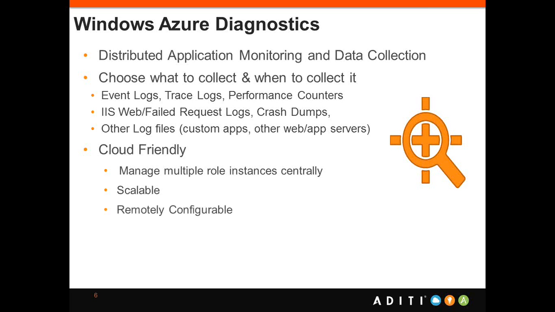A very interesting point: it is remotely configurable, because this is a whole dynamic environment where we don't have access to the machines, as we have seen in how we deploy applications to Windows Azure. So it should be remotely configurable. Take an example. Say you're just logging errors initially, and you get some errors saying that the database is not accessible.